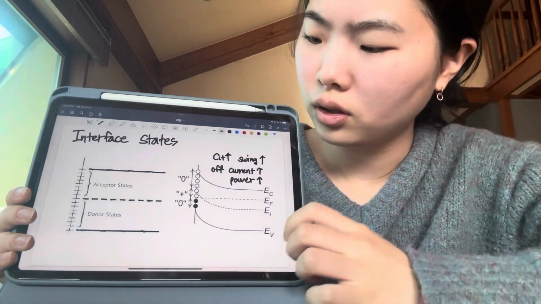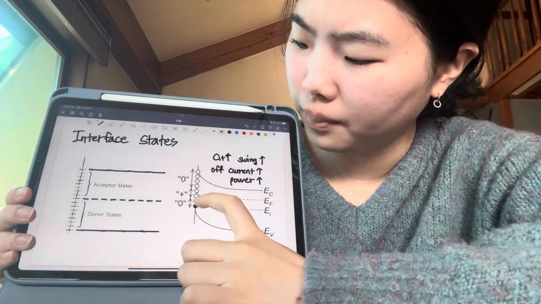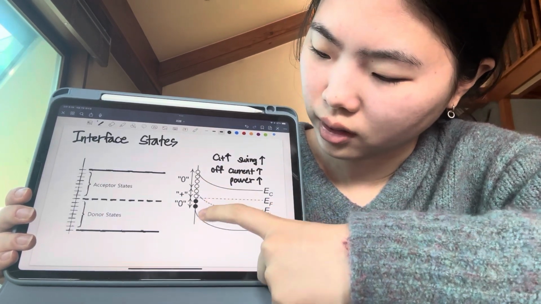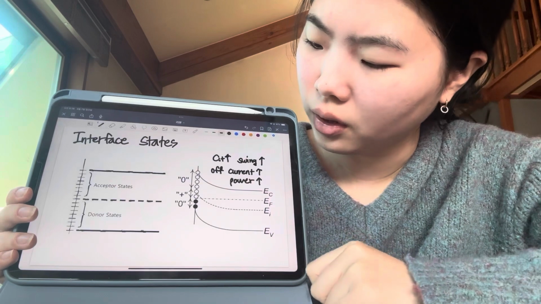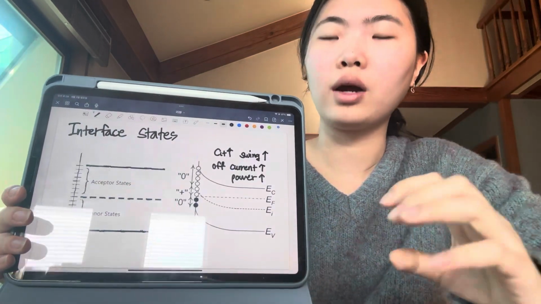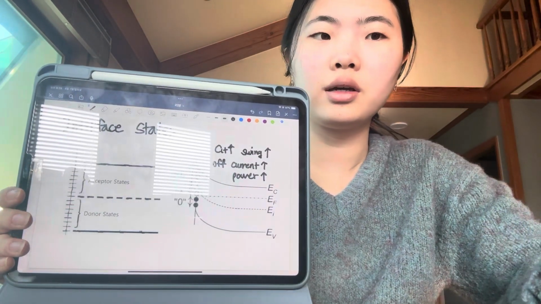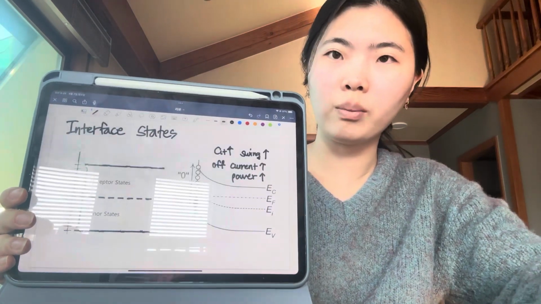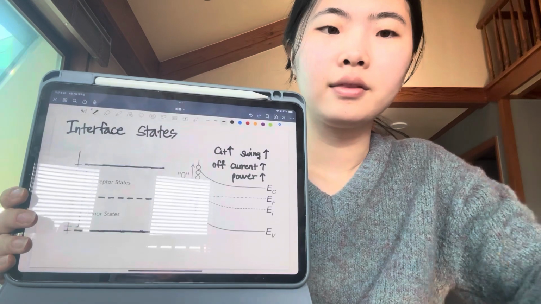We know about the electrons and holes here. We should know how many traps are located in the interface.